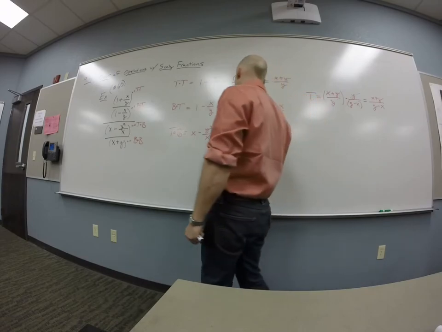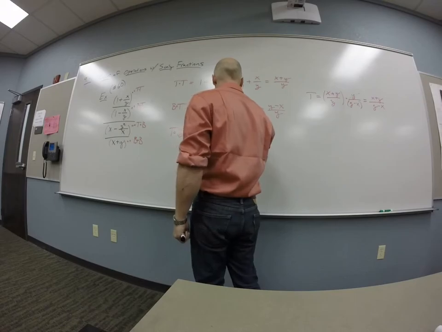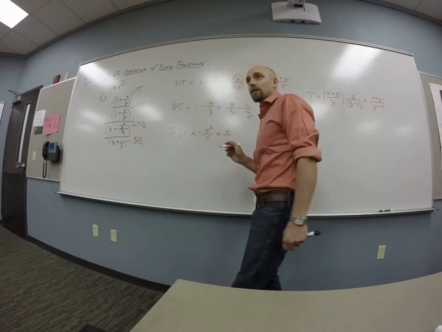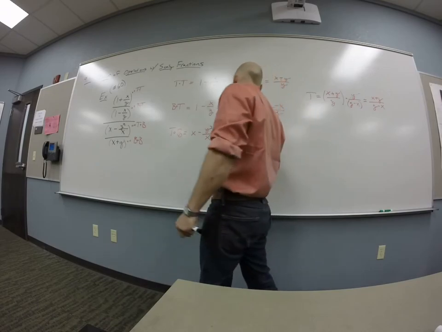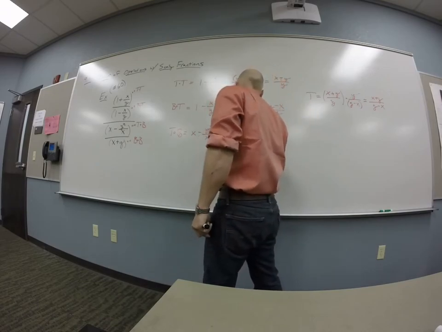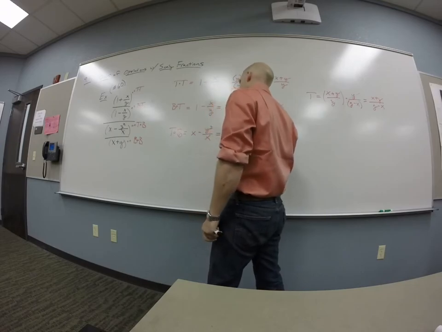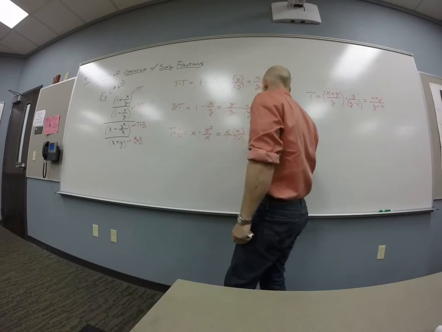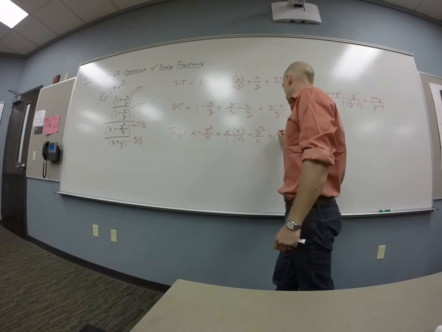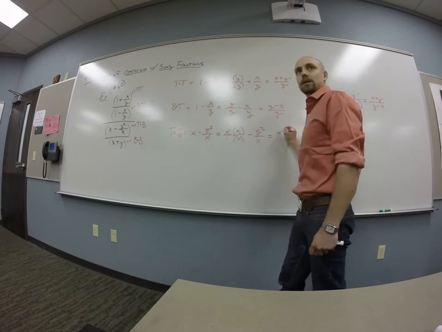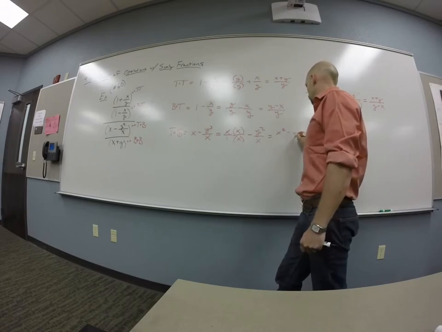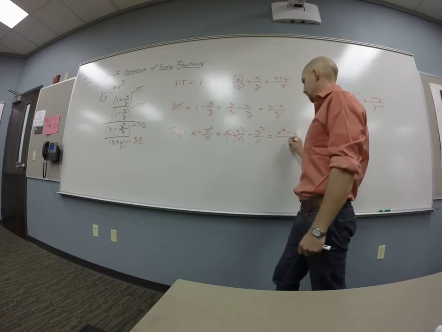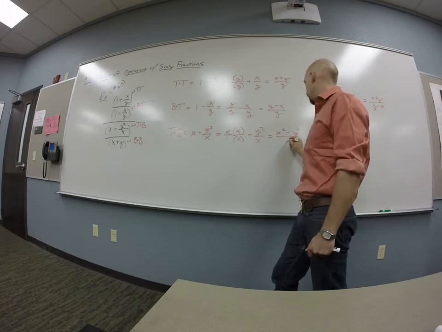X. So I need to take my x, really over 1, and multiply by x over x, and that's minus y squared over x. So I get x squared minus y squared over x.